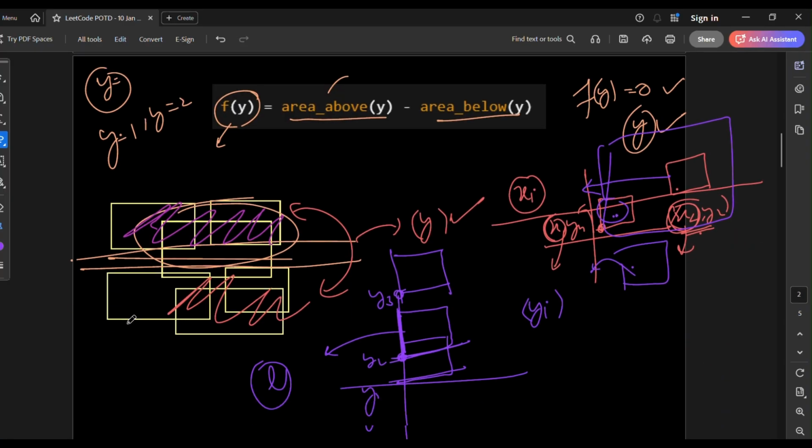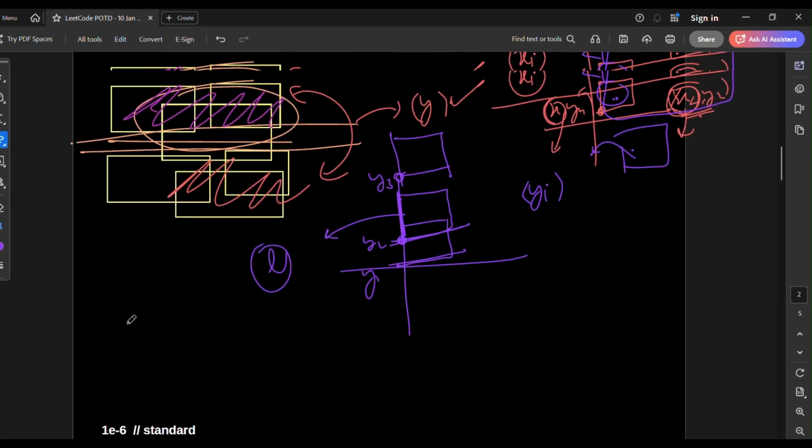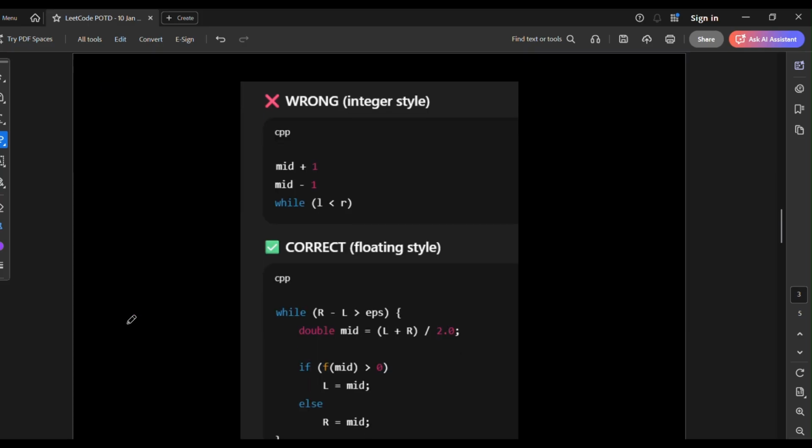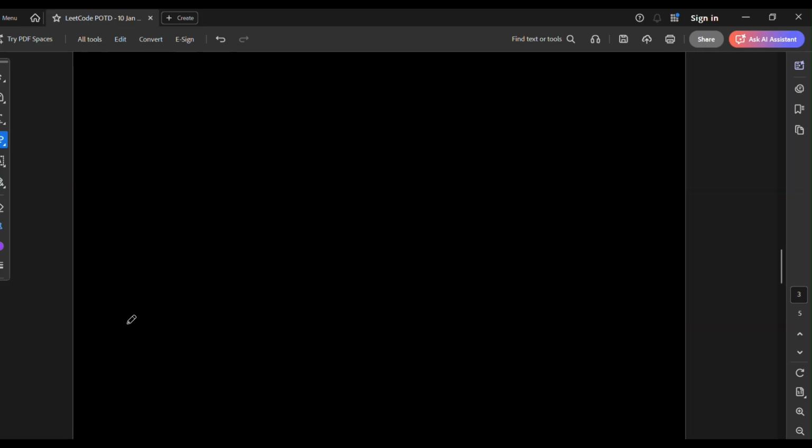Now you can understand this question properly. We are going to use binary search in this question. Let me use a very simple example. Let's say I have values from y equal to 0, because that is the given constraint, and I traverse through the whole array.